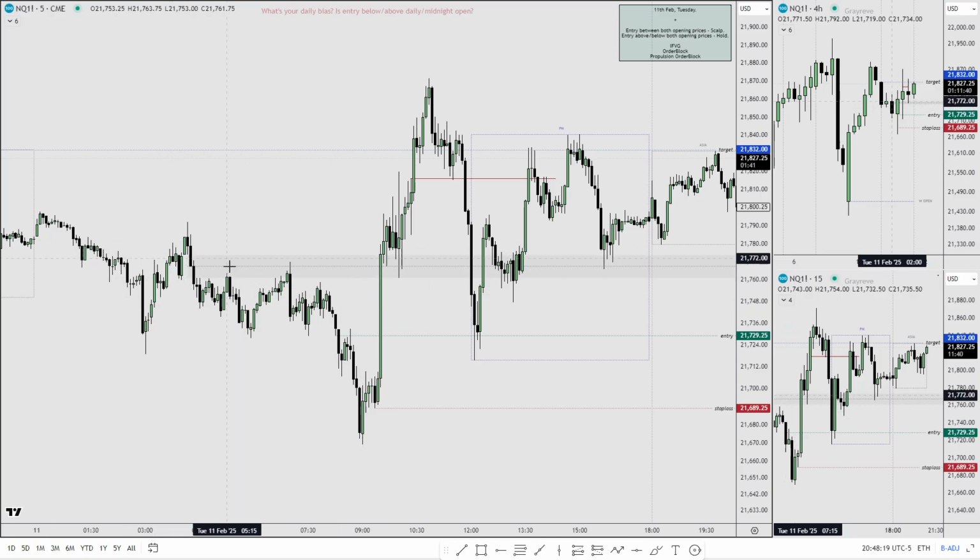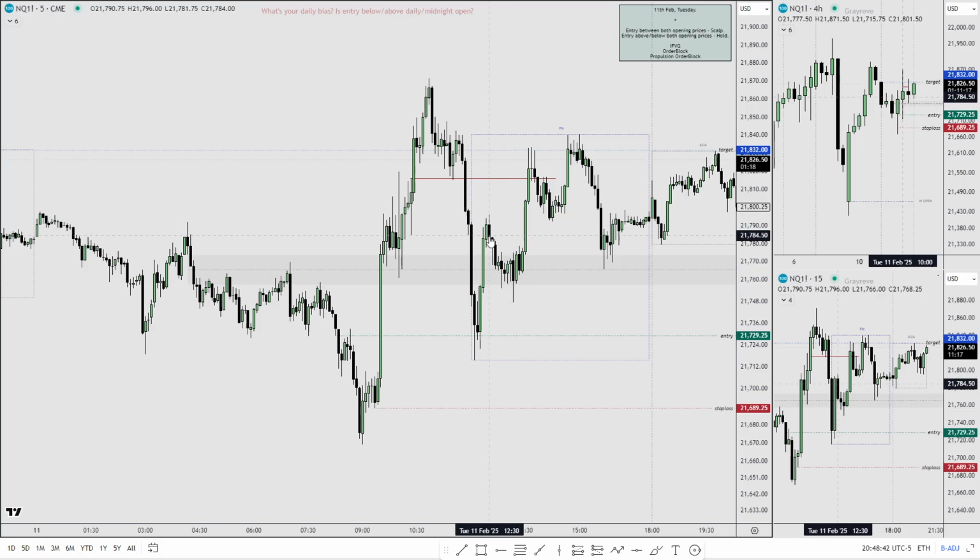So this level should be a balanced price range. So price came back down, closing slightly below the inversion fair value gap. Am I annotating it correctly? No, there's a volume imbalance down here, so I should include this volume imbalance. Okay, so in that case then it did not close below the inversion fair value gap.